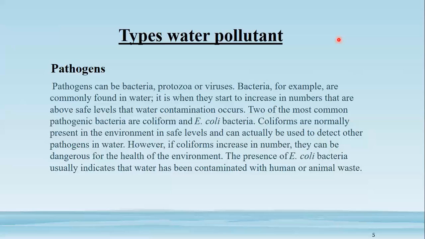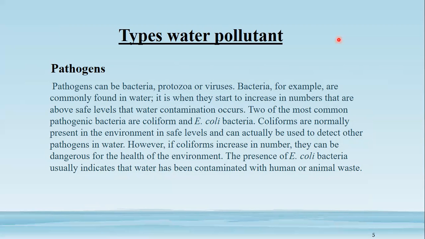Types of water pollutants. Those pollutants which cause water pollution are called water pollutants. First of all, pathogens are a major type of water pollutant. The pathogen can be bacteria or protozoa. Bacteria, for example, are commonly found in the water. It is when they start to increase in number above safe levels that water contamination occurs.